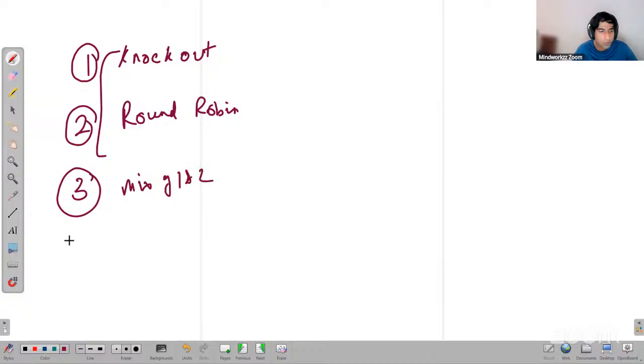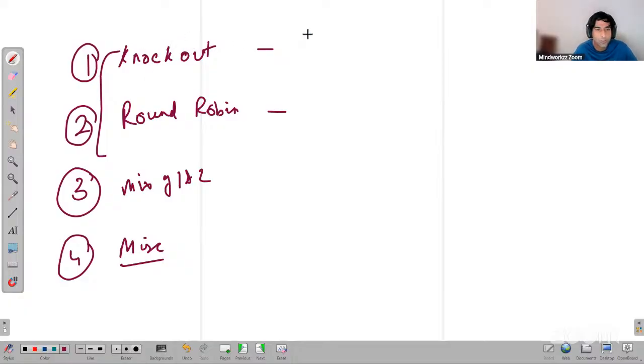And fourth is miscellaneous kinds of tournaments wherein there is no set structure and the structure is actually kind of new. So let's start with a little bit of theory about what a knockout tournament is and what a round robin tournament is, before we go deep into what these question types are actually about.